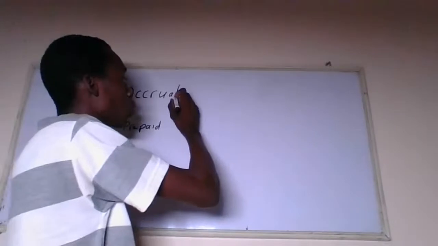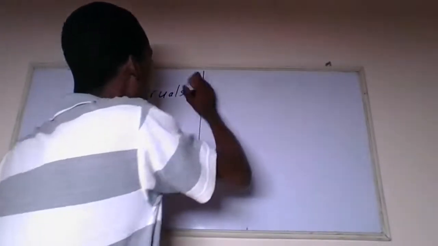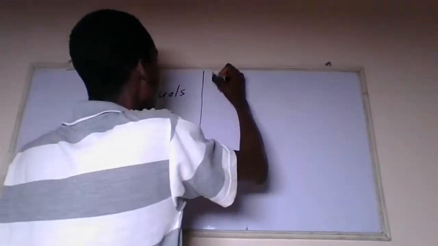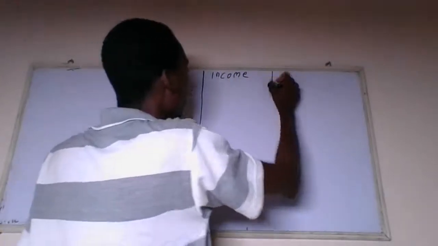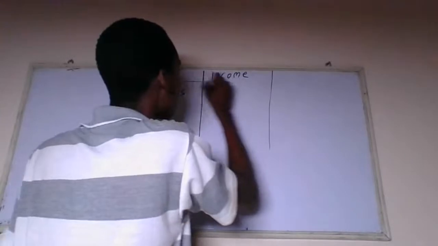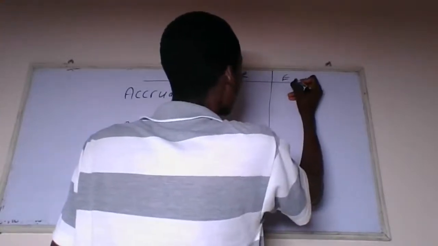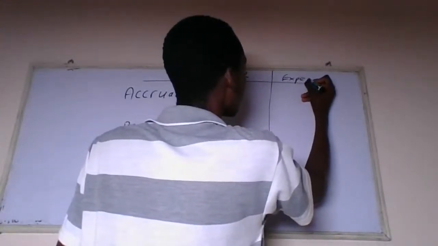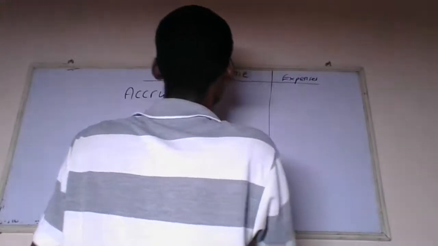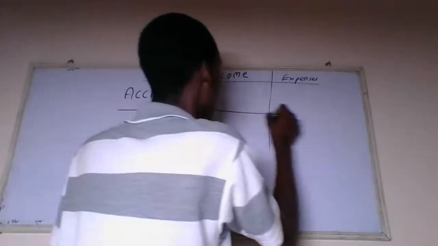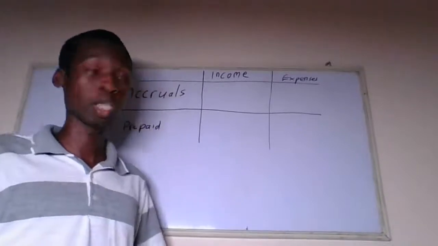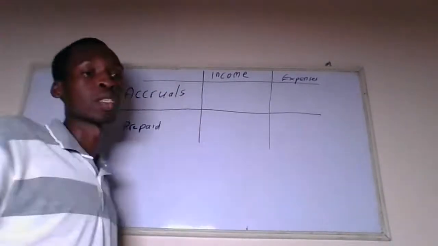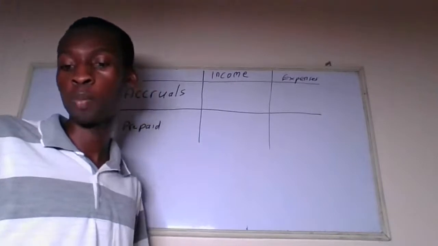So accruals can be divided into accruals in income and accruals in expenses. When you have an income and there's accruals in it, what accrual means is something that is due but not yet paid.